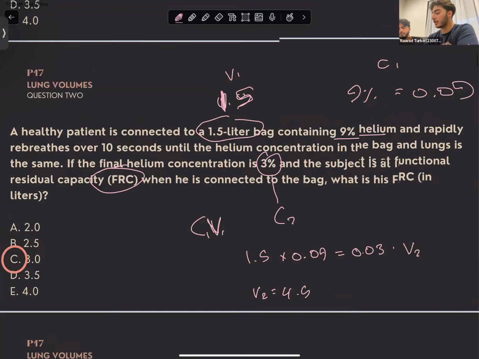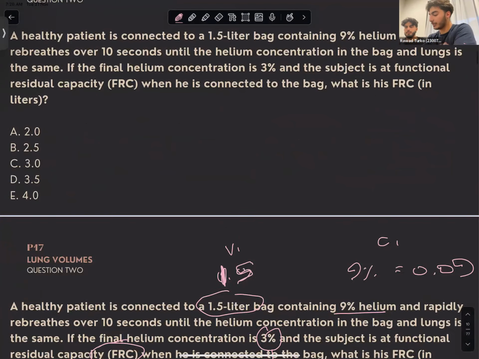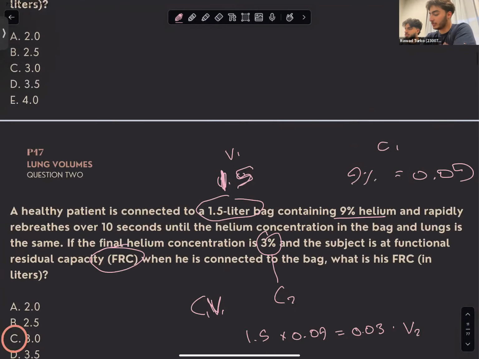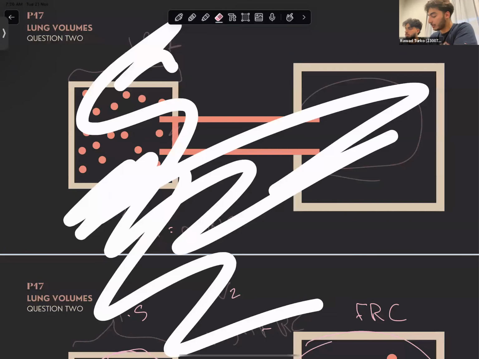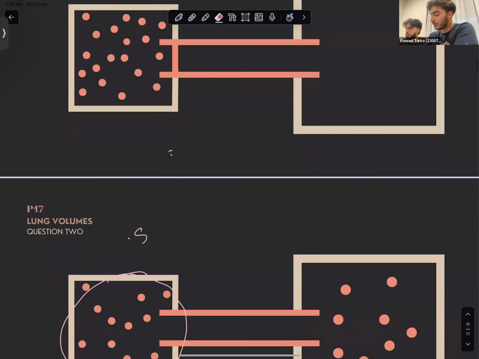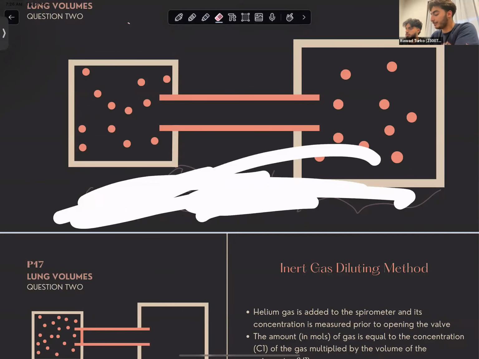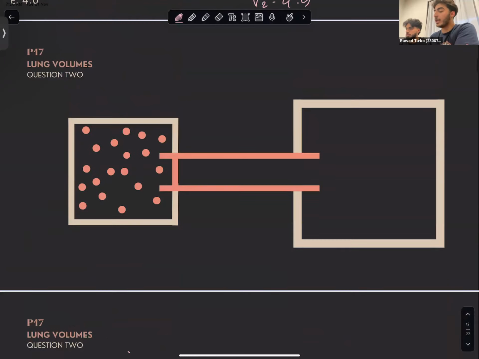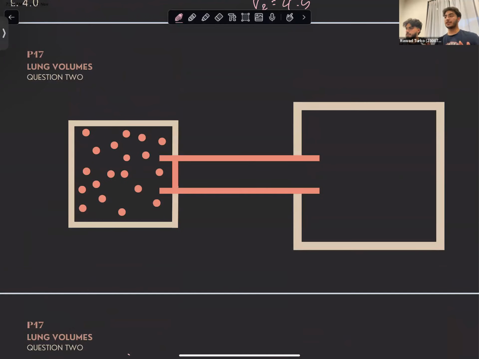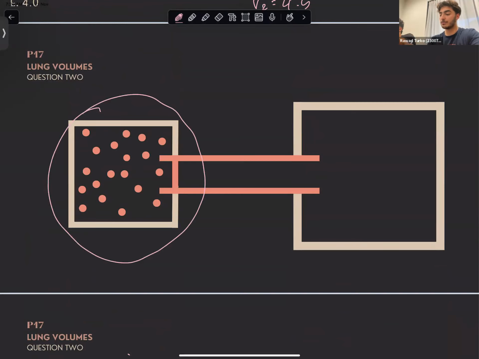Could you repeat why you subtracted 1.5? No worries. Okay, so let me erase everything first from these two. Now, we have two cases. The first case, we're looking at the gas just in this little tiny compartment, and this little tiny compartment would be the bag, the 1.5 liter bag that they told you about.